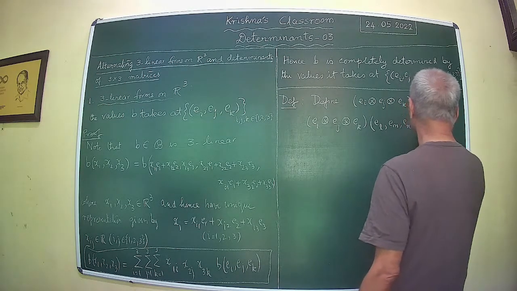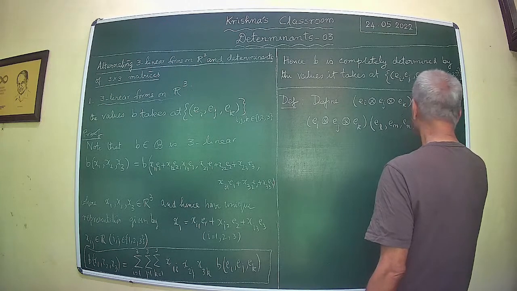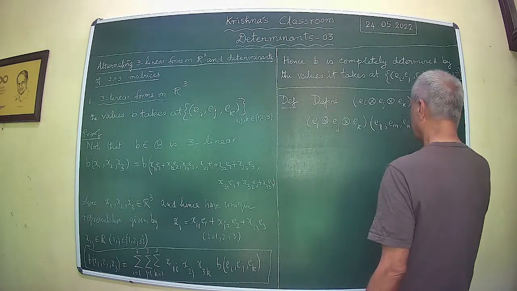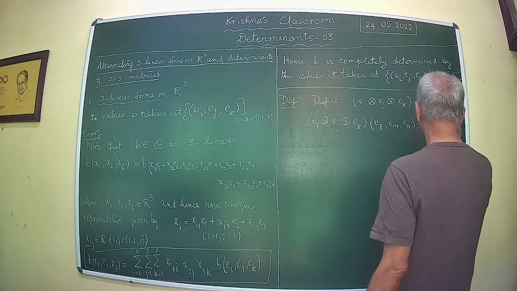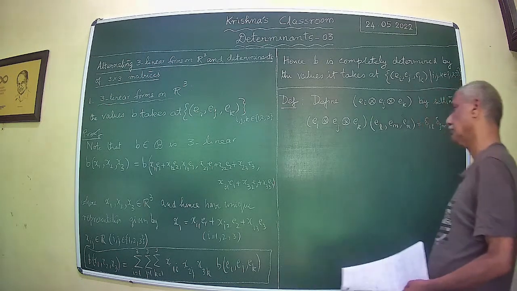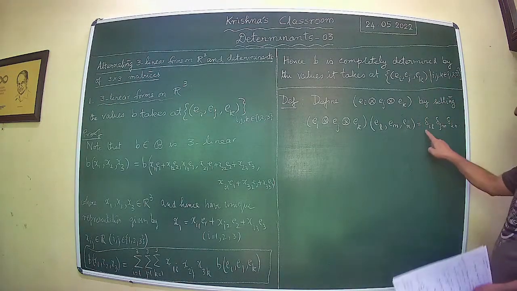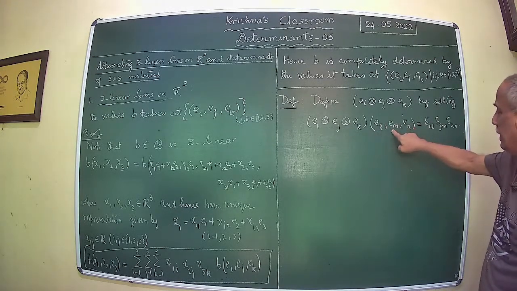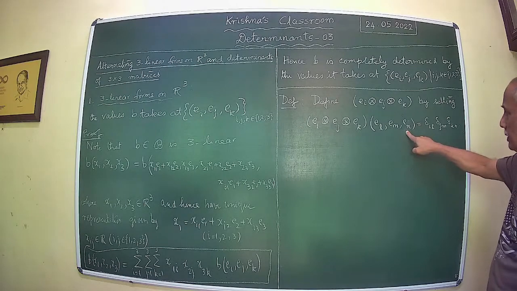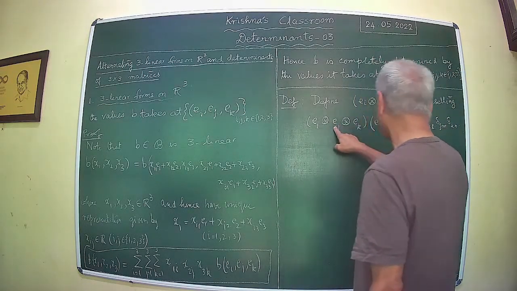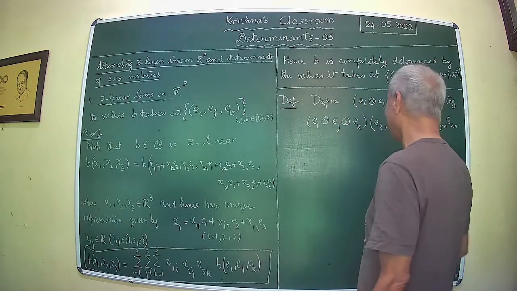Equal to delta. This means that at e_l, e_m, e_n, only e_l cross e_m cross e_n is 1, all others are 0.